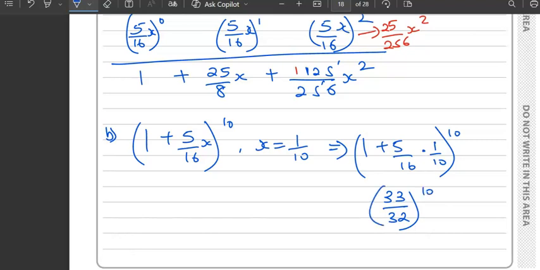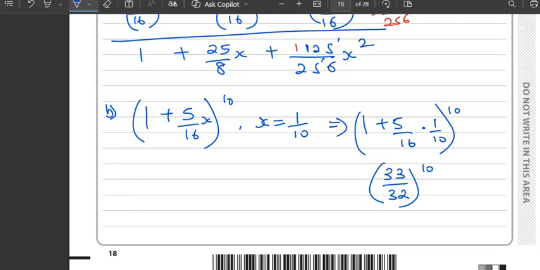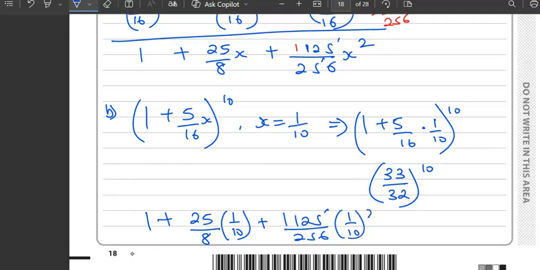So what are we supposed to do? We can use the expansion above to find an estimate of (33/32)^10. Where you have x, we can replace it with 1/10. So we'll have 1 plus 25/8 multiplied by 1/10, then we add 1125/256, also multiplied by 1/10, but in this case we square.